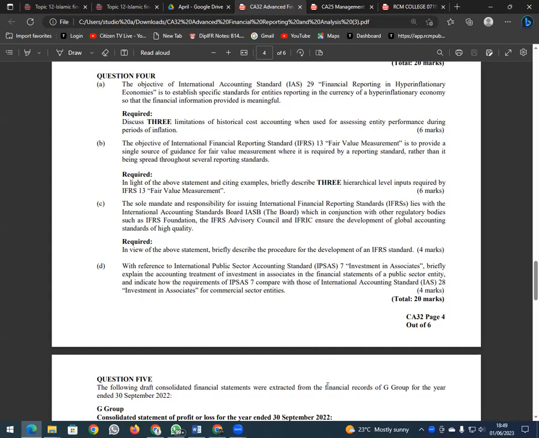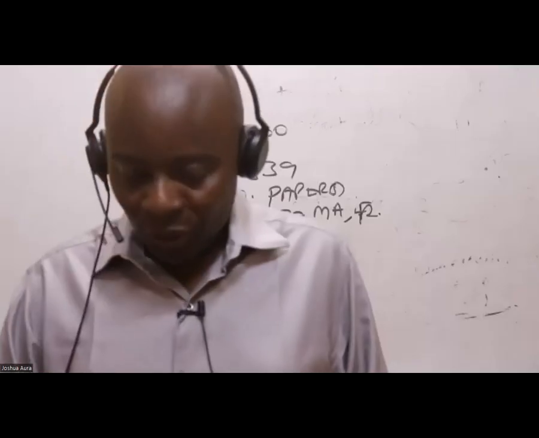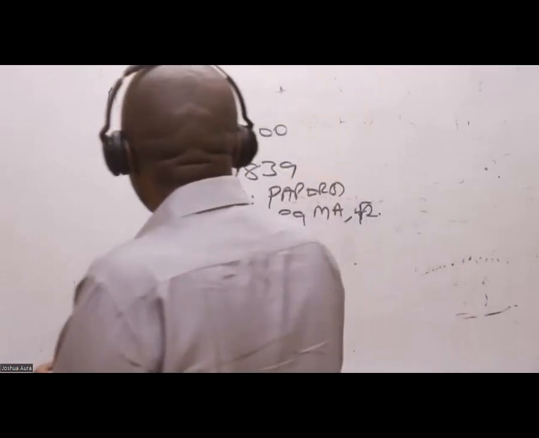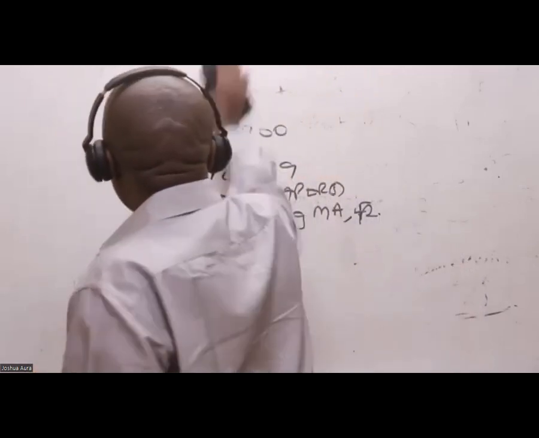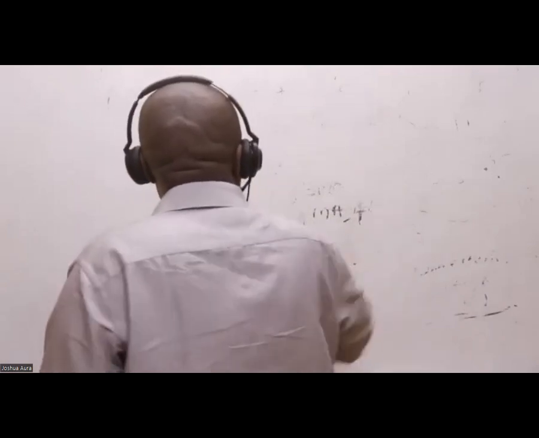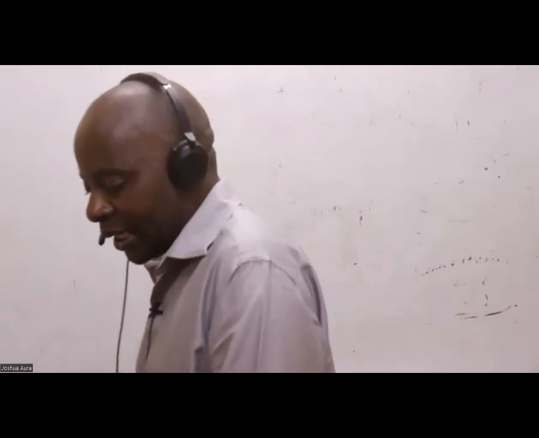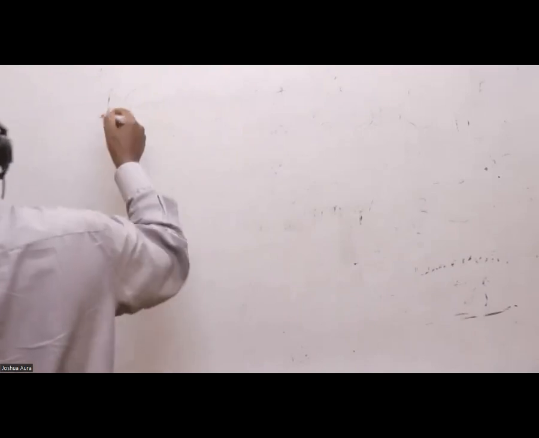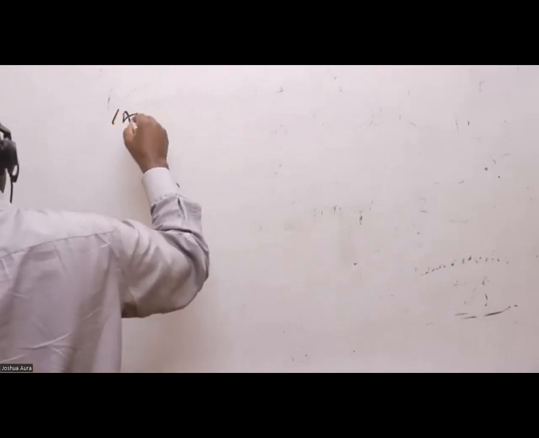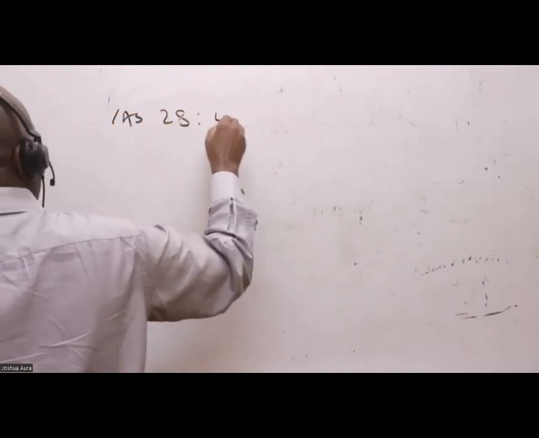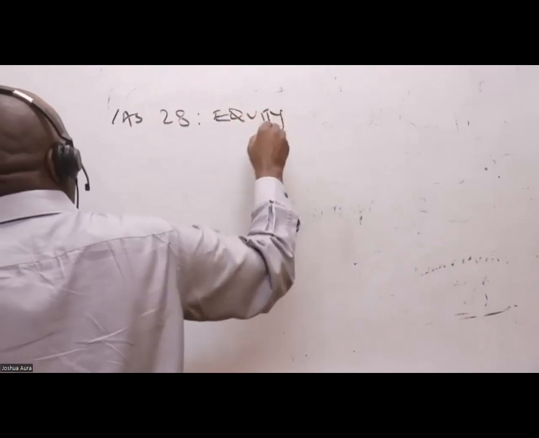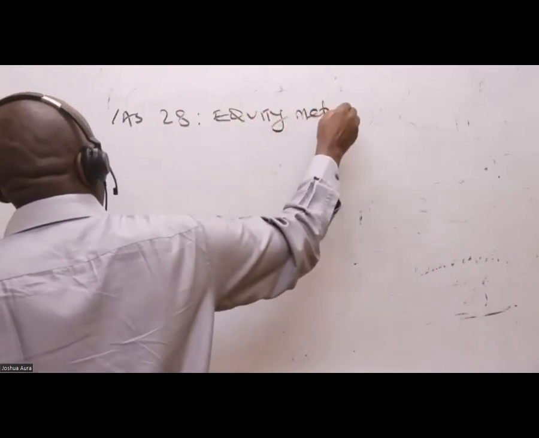So, ladies and gentlemen, remember, under IAS 28, how do we account for an associate? Under IAS 28, to account for an associate, we normally use what we call the equity method.